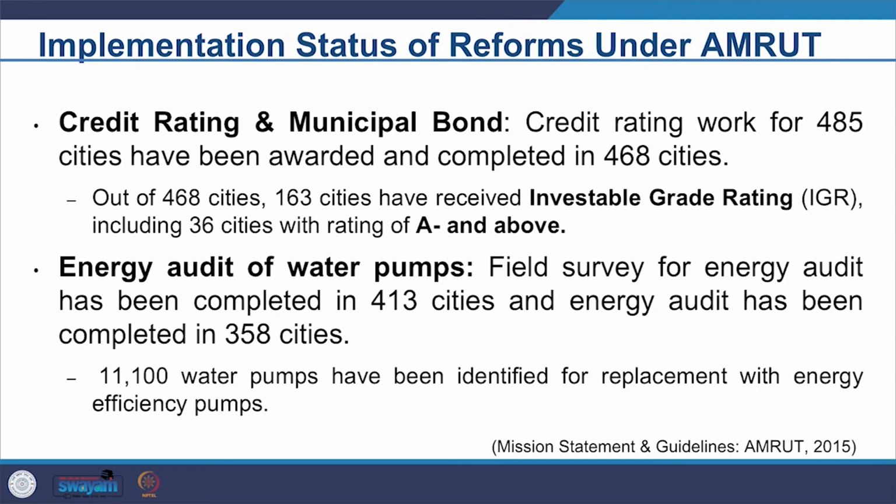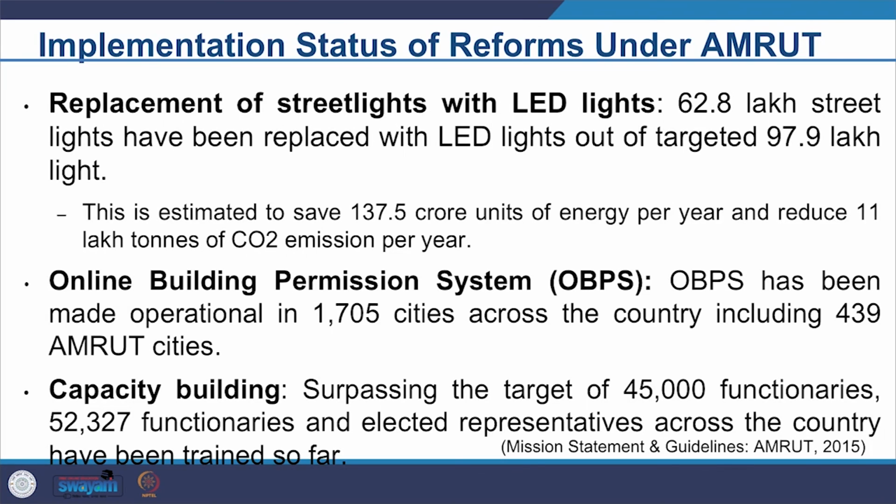Energy audit of water pumps: we see that field survey for energy audit has been completed in 413 cities, and energy audit has been completed in 358 cities, with 11,100 water pumps identified for replacement with energy efficient pumps. We see replacement of street lights with LED lights has been done.